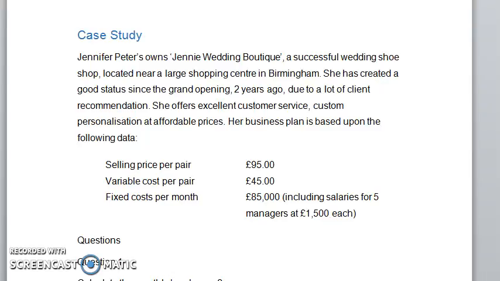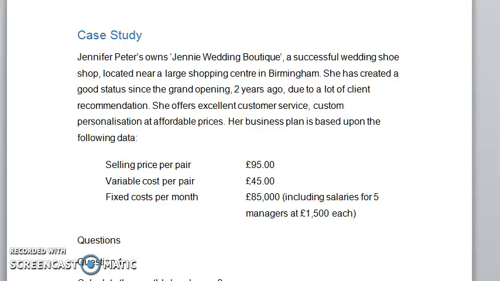Question number 2 asked how many pairs of shoes need to be sold in order to reach the target profit of £10,000. So in this case, you would again do the fixed cost, which is 85,000, plus the target profit, which is 10,000, and then divided by the contribution of 50.